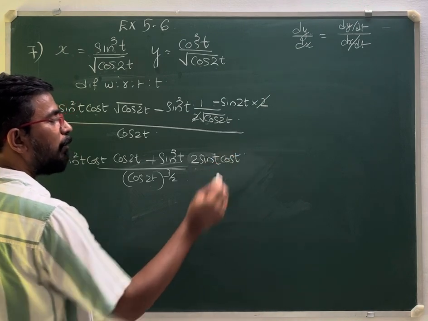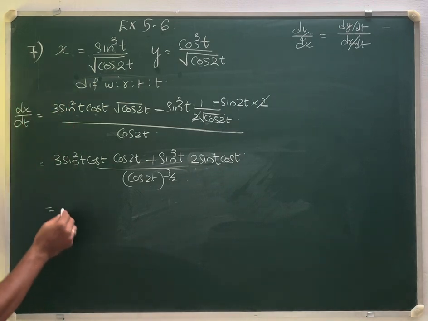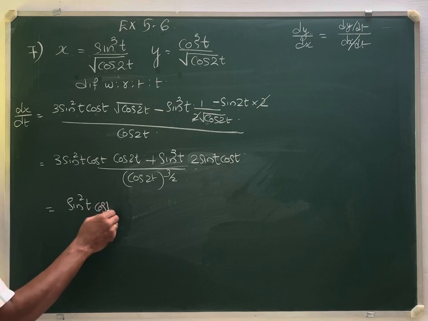Actually, you can write one more step, that sin 2t I have written as 2 sin t cos t. Now I can take sin square t and cos t as common factor.